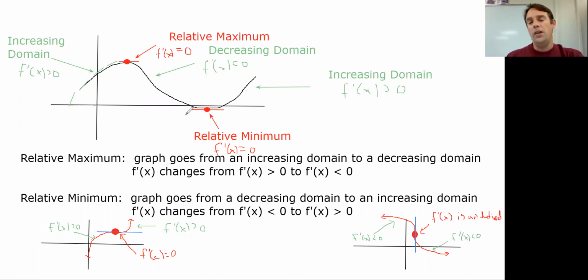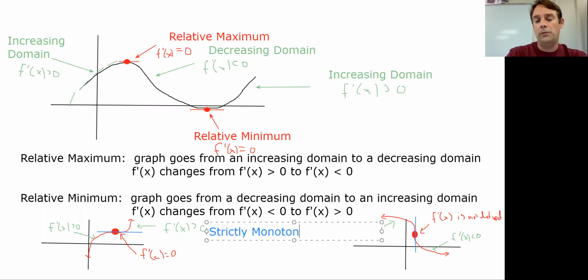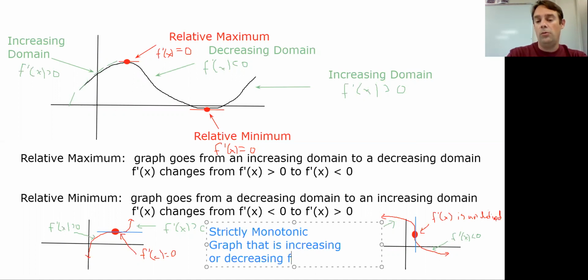By the way, if a graph never changes signs, in other words, it's always increasing or always decreasing, that's actually a special type of graph. We say that kind of graph is strictly monotonic. That's a type of graph that is increasing or decreasing for the entire domain.